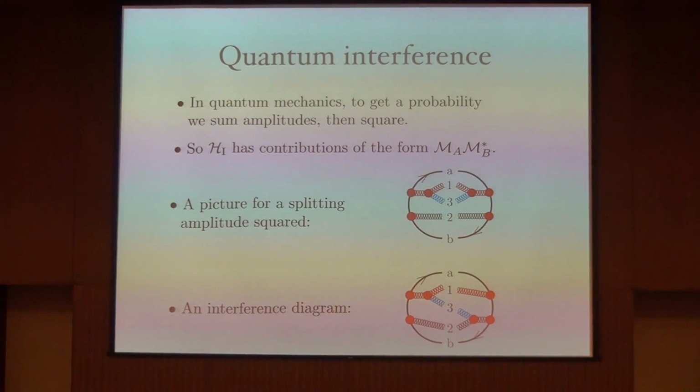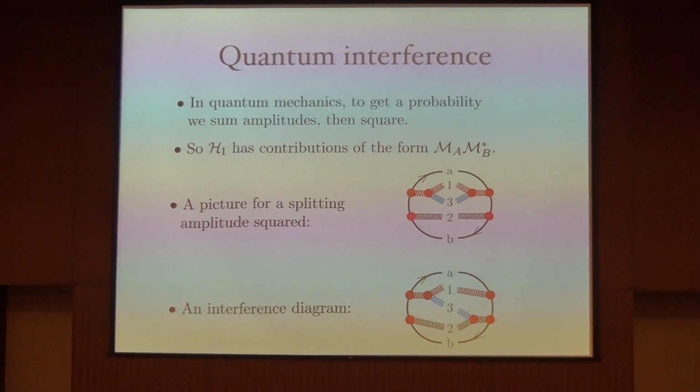Okay, and I should mention quantum interference. In quantum mechanics, there's interference. So this splitting function has contributions of the form amplitude to split times complex conjugate amplitude to split. And those can be different. So here's a case where the amplitude to split represented on the left of this diagram is one thing, and the amplitude to split complex conjugate is represented on the right-hand side of the diagram.